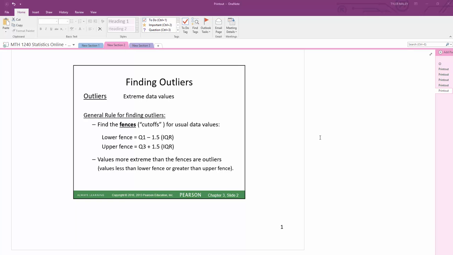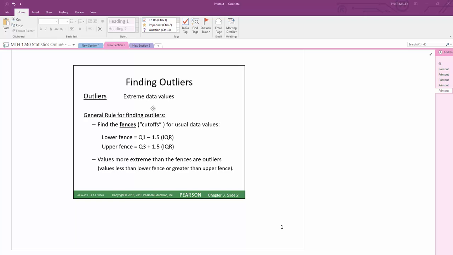So if you're reporting your results, it's important to show what you used to consider outliers, and whether you included your outliers in your data, or didn't, or chose to do it both ways. Those are things that you'd want to specify.